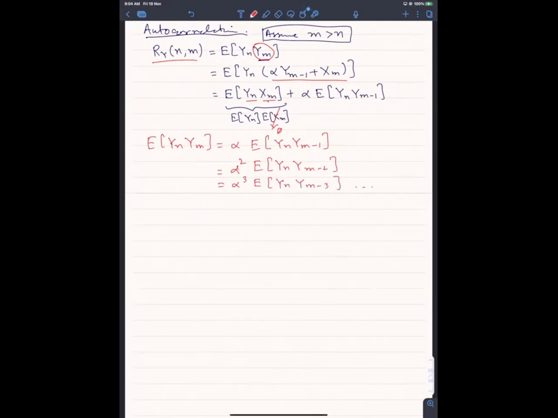Until where? Until m-1, m-2, m-3 reach n. So I can write the expected value of y_n y_m as alpha to the power (m-n), because the power of alpha is what gets subtracted from m, times the expected value of y_n, and you are left with y_n.